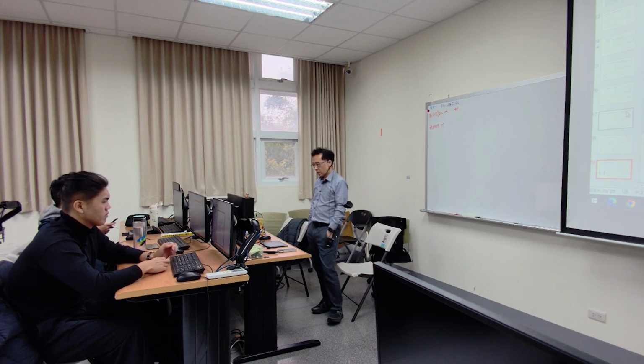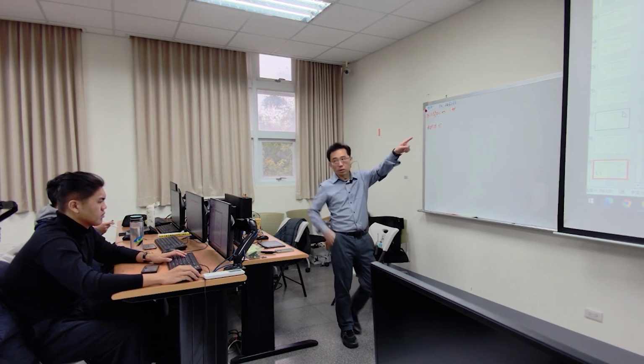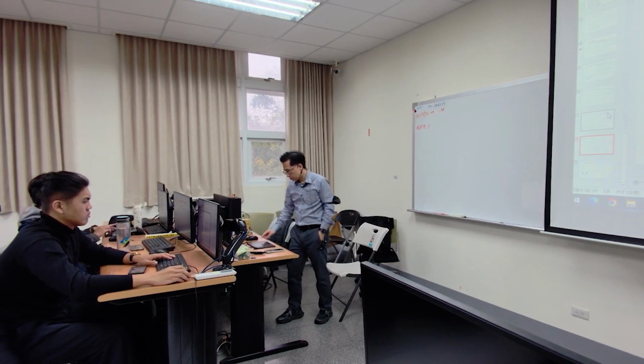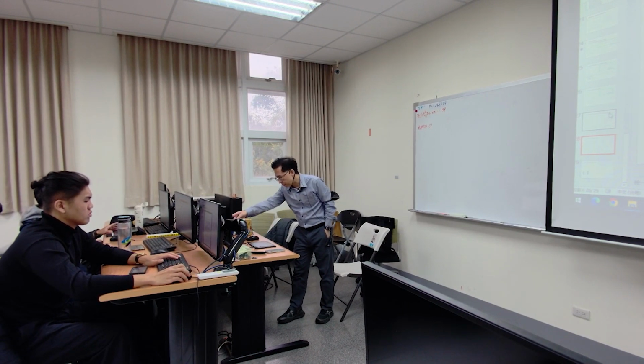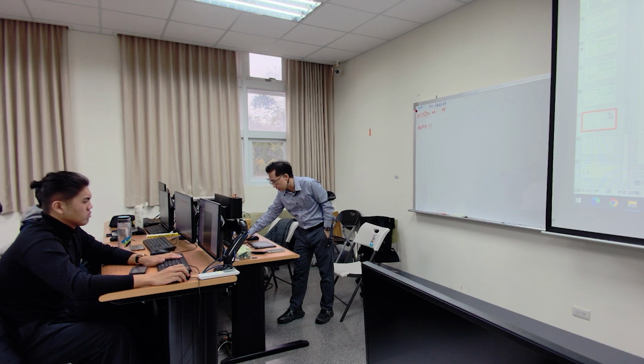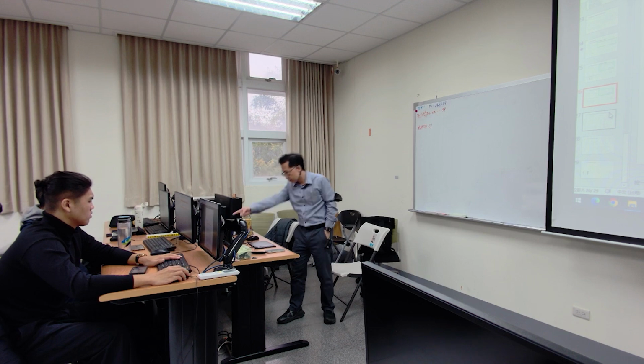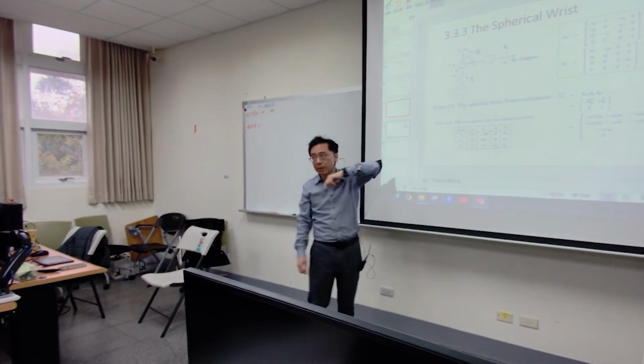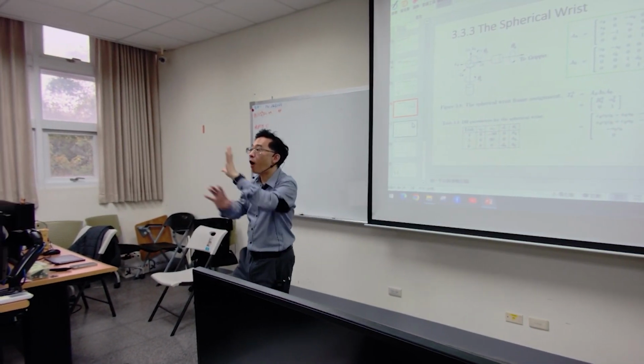See? Z1 is the rotation axis, right? Almost every joint's rotation axis is the z-axis. And yeah, over here, z-axis. So what could that be? So they have alpha.